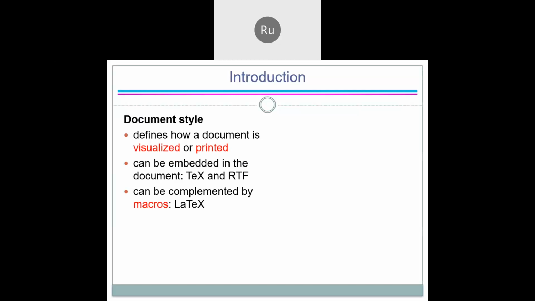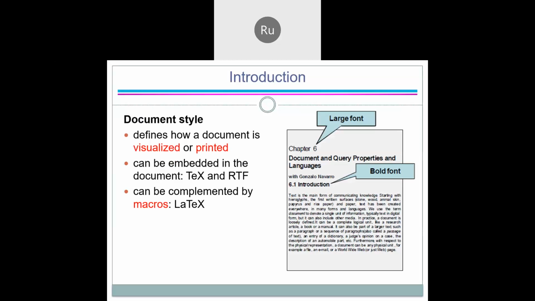This is normally used by those people who are doing research in science, technology and engineering, so it is easy for formatting. For example, this one tells you what the structure is for each chapter. So chapter 6 and then 6.1, and the font is different, and the text styles are different.